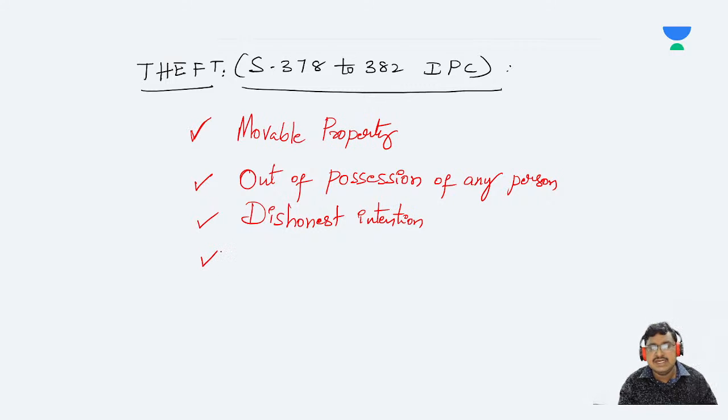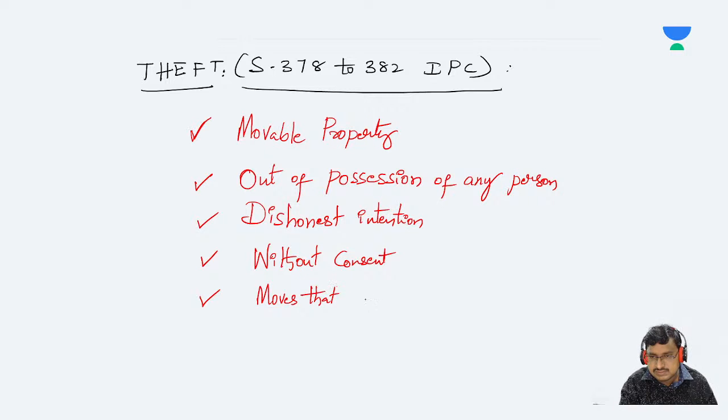The fourth essential ingredient is without consent. The fifth ingredient is moves that property, movement of that property. These are the 5 ingredients, friends.